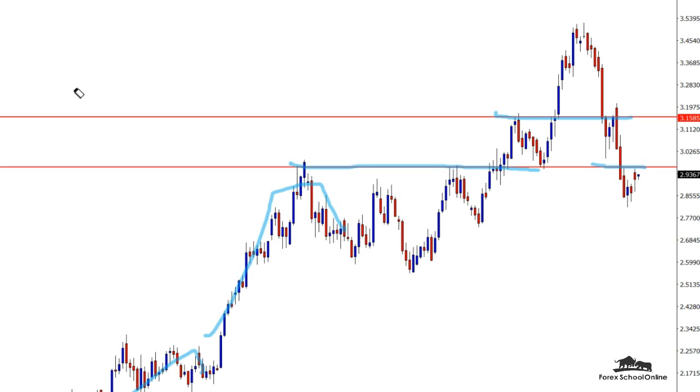If we look at the bearish engulfing bar that has formed on this one and through both the levels, it has put price below this really key level.